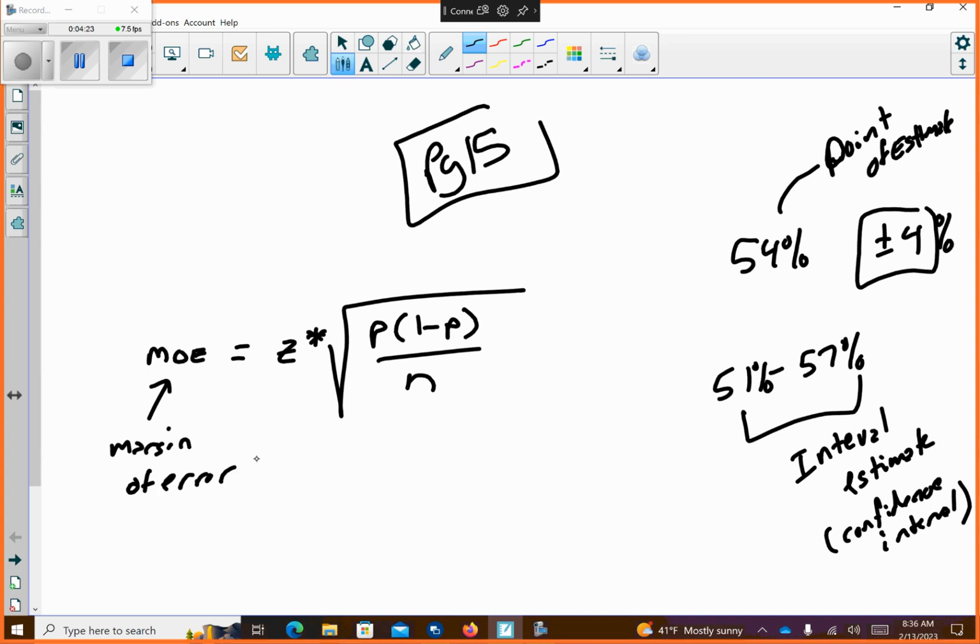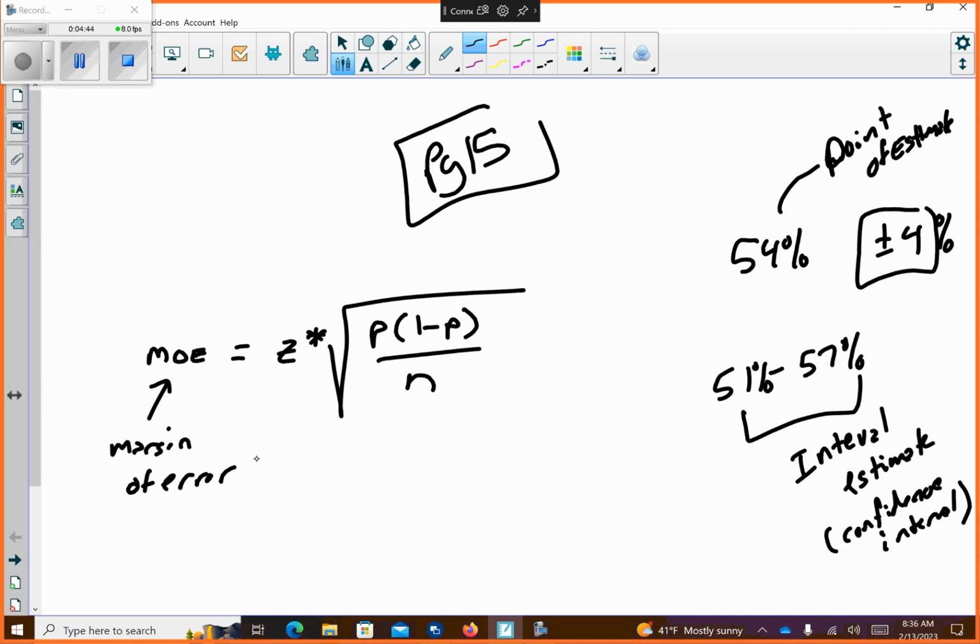Okay, so you might say, what is Z star? The variable is often referred to as the critical value. That is the number of standard deviations from the mean in both directions needed to capture the predetermined percentage of the bell curve. We already know a few critical values. We know the 68, 95, 99.7 rule.